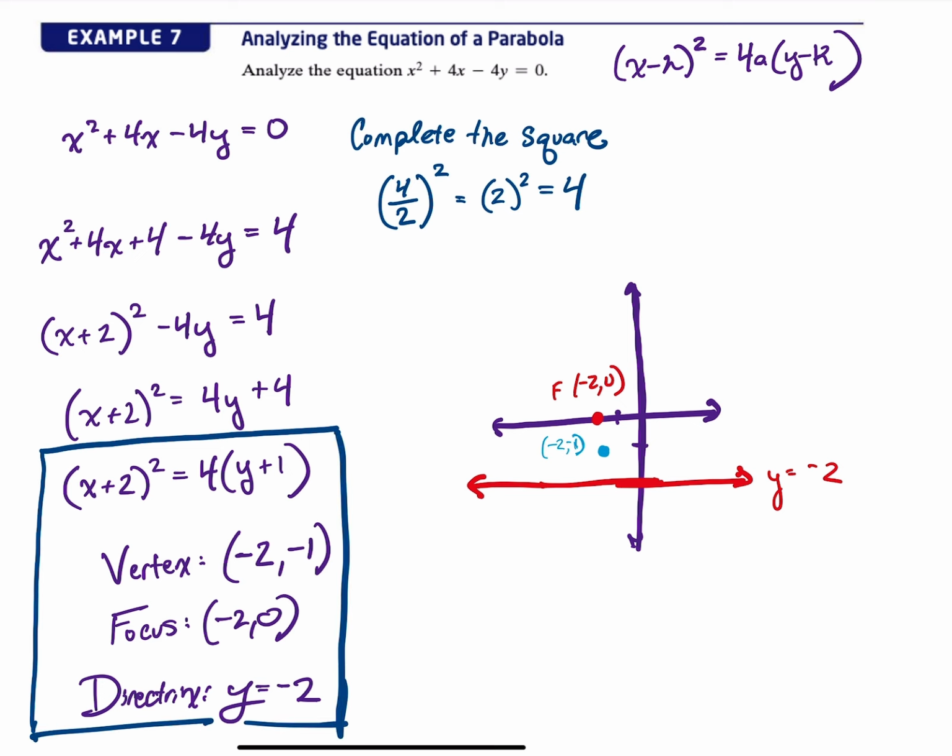Let's get those 2 additional points. So based on our focus, it should have a constant y value of 0, and our 2 points should be to the left or to the right of it. So let's say when y equals 0, we will have x plus 2 squared will equal 4 times 0 plus 1, just 4 times 1. Take the square root of both sides, x plus 2 will equal plus or minus 2.